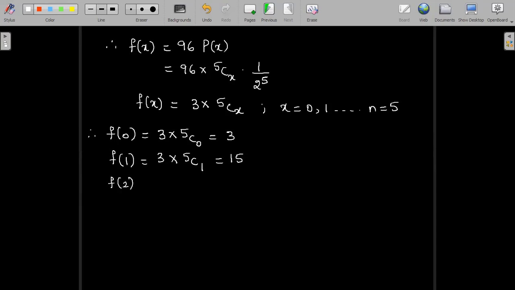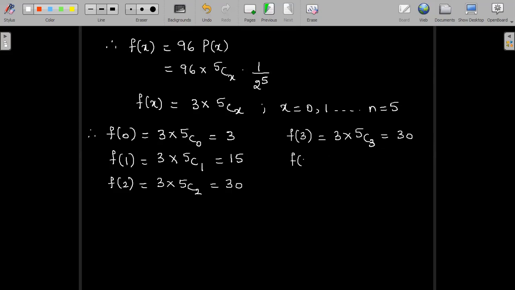Similarly, f of 2 we can find out: 3 into 5C2, which will be 3 into 10, 30. Now similarly, I can find out f of 3. f of 3 is 3 into 5C3, and that gives us the value 30.